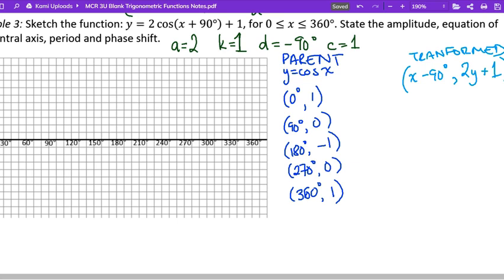And so remember how we use the key points and we substitute them into the mapping notation to find our transformed function. So 1 point at a time. 0 minus 90 is negative 90. 1 times 2 plus 1, well, that's 3.